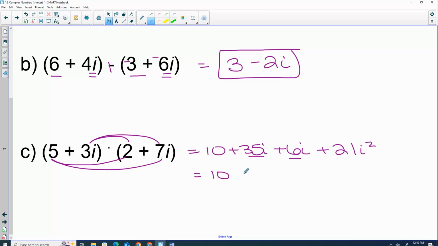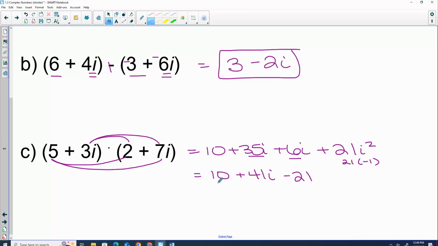Like terms, 35 and 6 is 41i. What do we do about the 21i squared? This is like 21 times negative 1, so we get negative 21. Are we okay with that?